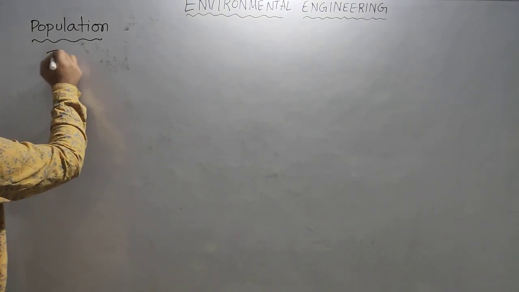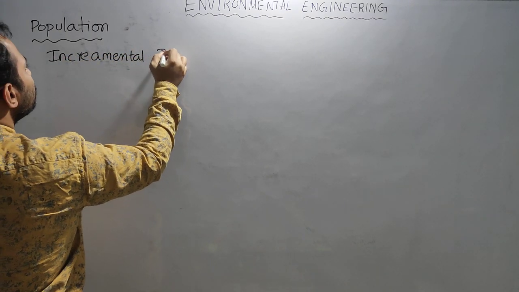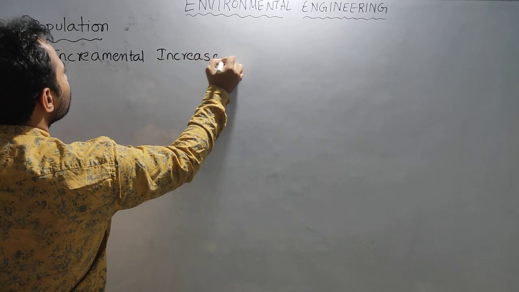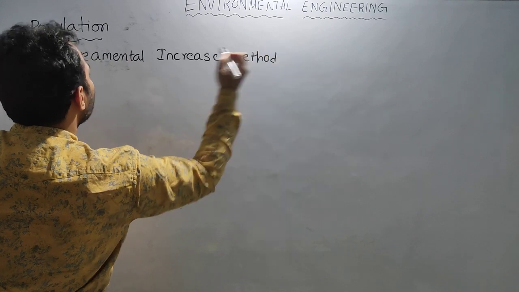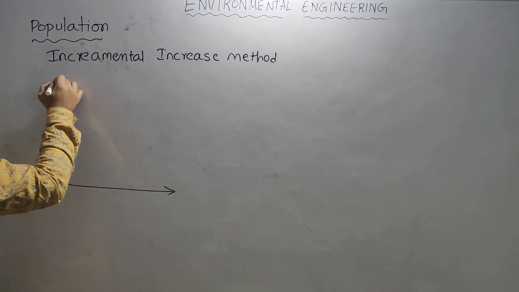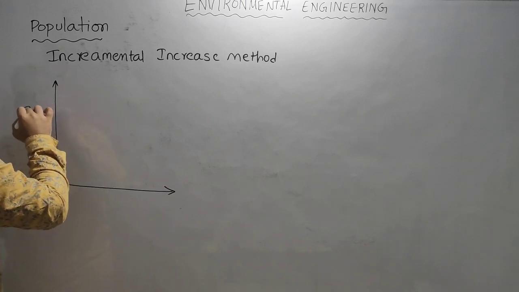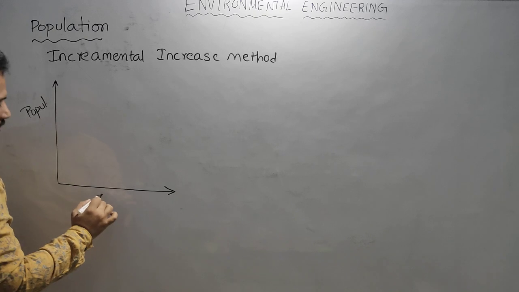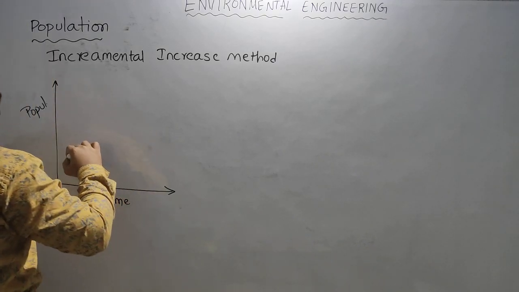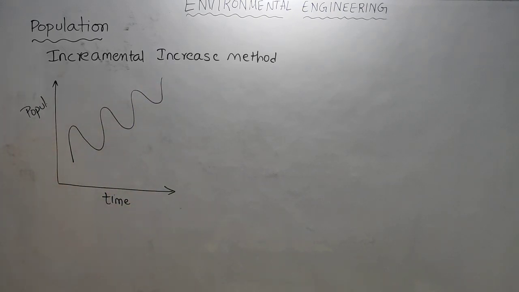Incremental increase method. For example, if you take a graph of population versus time, and the graph is like this, then we cannot do a proper analysis.